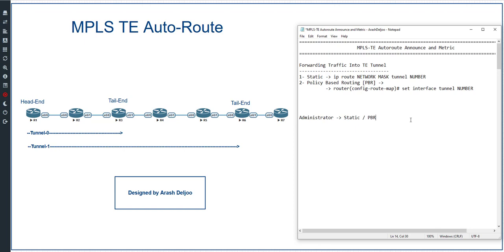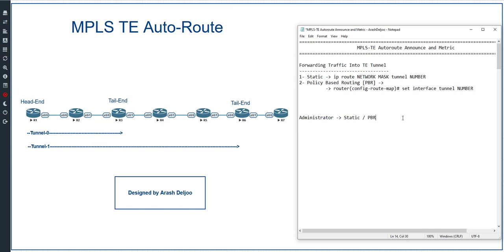This means that none of them are injected into the routing table by itself. We need the administrator to configure one of these two methods for injecting the tunnel into the routing table.